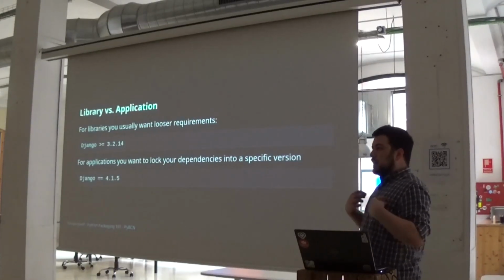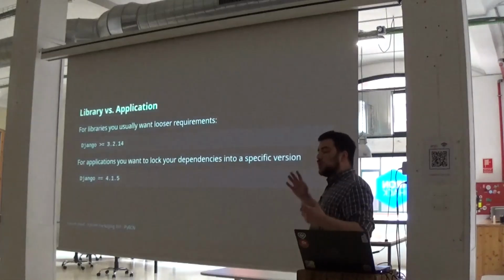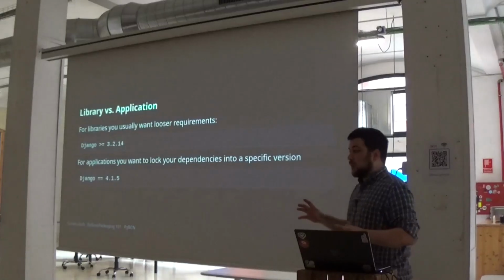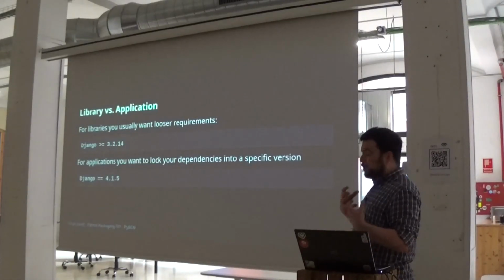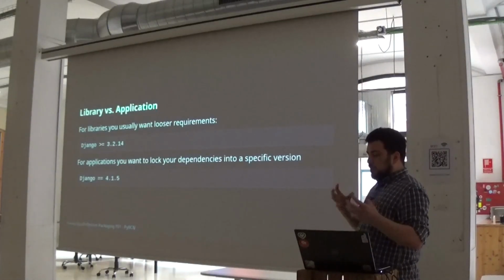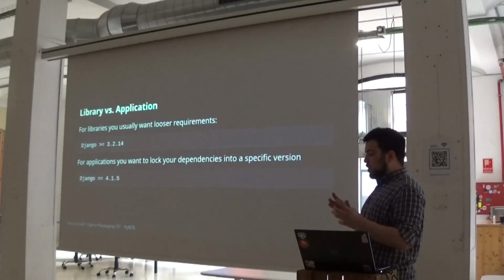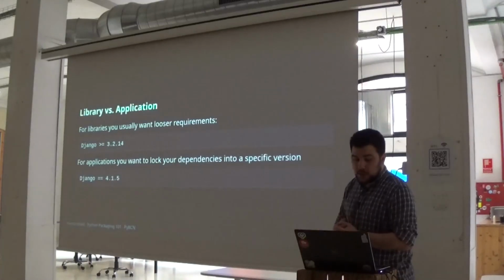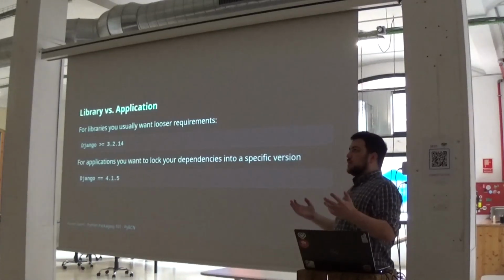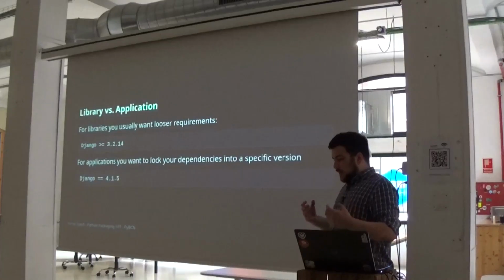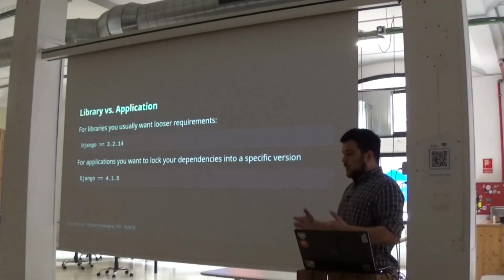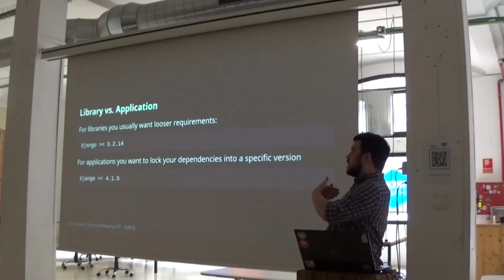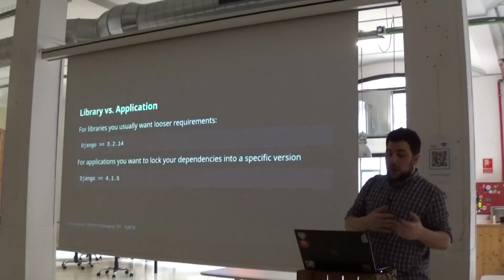And of course, as I said, we will pin dependencies in a different way. For libraries, you don't want to fix a version of your dependencies because it can conflict with other dependencies. For example, if my website's API is written in Python, I will install Python, and then I might install Django REST framework, which depends on Django.